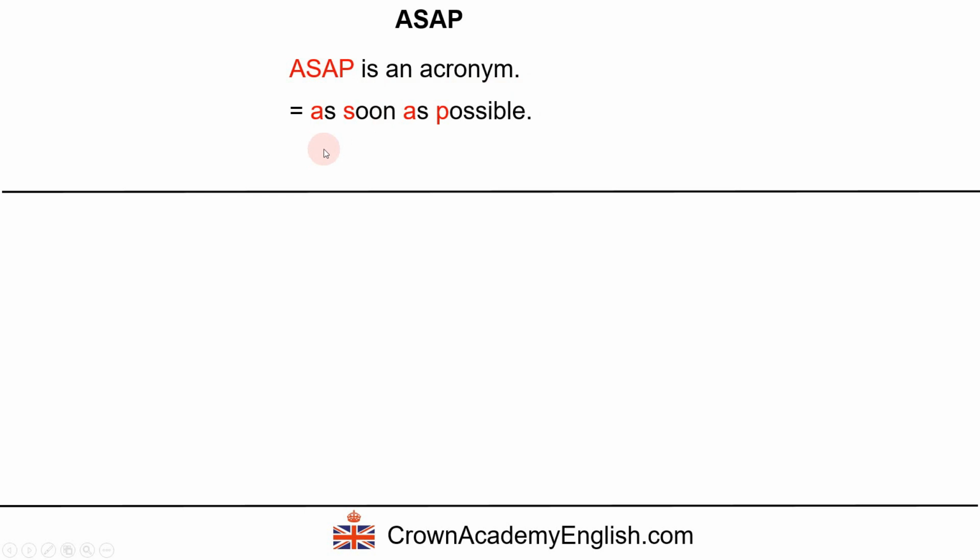It means as soon as possible. ASAP. As soon as possible. In other words, very quickly. So when we ask someone to do something ASAP, we're asking them to do something very quickly, immediately.